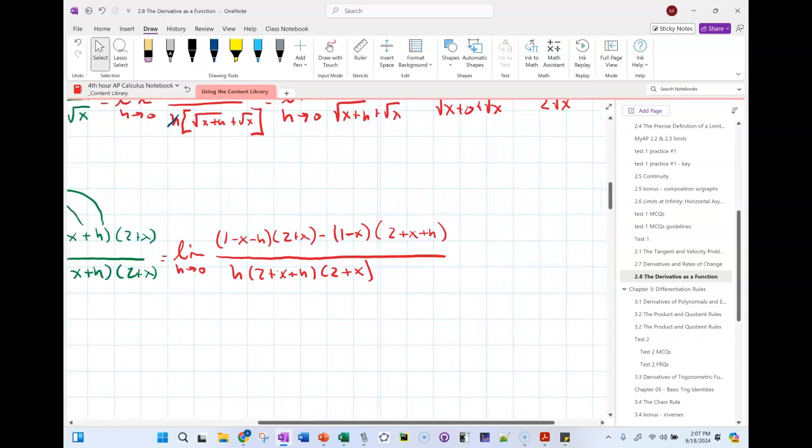Yeah, let's FOIL out the numerators, right? So let's see, what do I get? I get 2 plus x minus 2x minus x squared minus 2h minus xh.